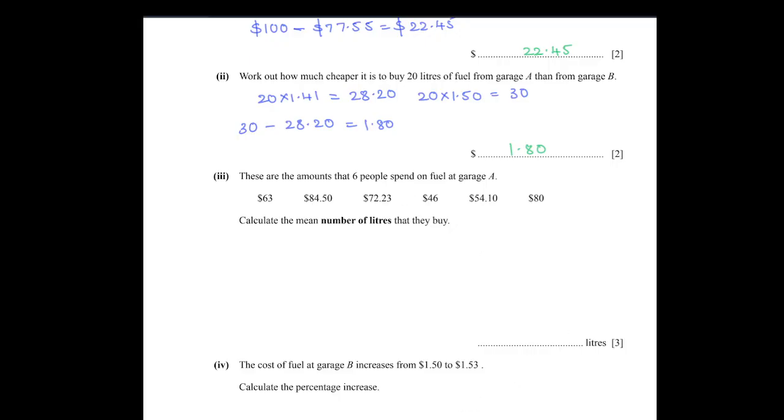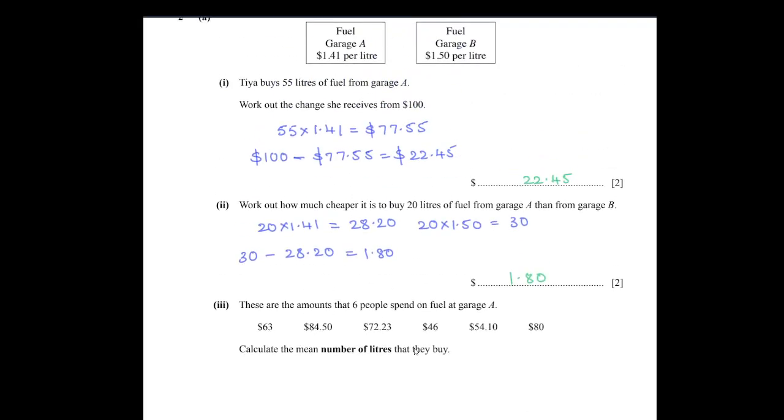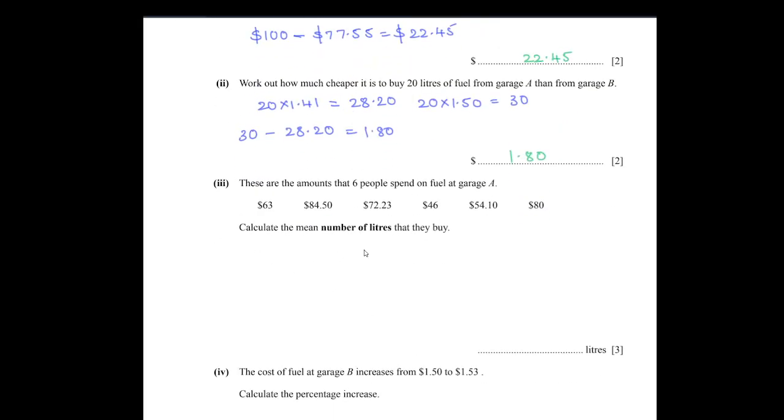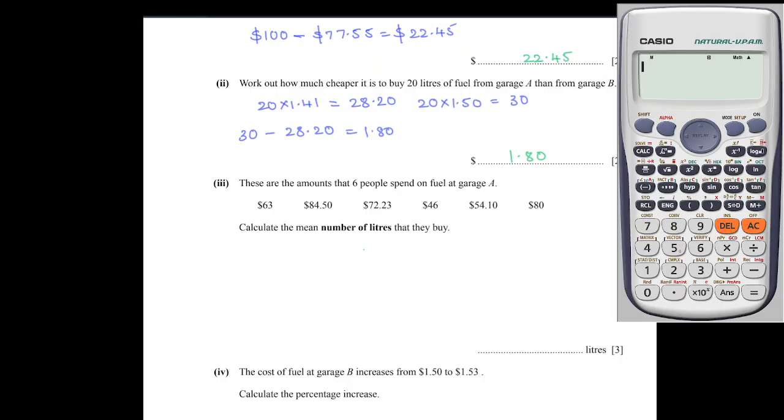Because we know per liter it is 1.41. $63 were spent. So you have to divide 63 by 1.41.